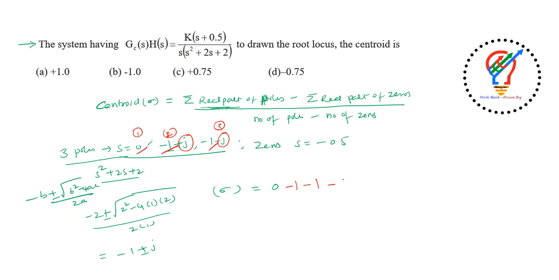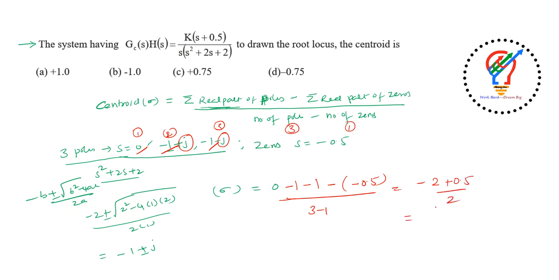Next, minus the sum of the real parts of zeros. How many zeros do we have? Only one zero, minus 0.5, divided by the number of poles minus the number of zeros. There are 3 poles and 1 zero, so 3 minus 1 is 2. So minus 2 plus 0.5, divided by 2.